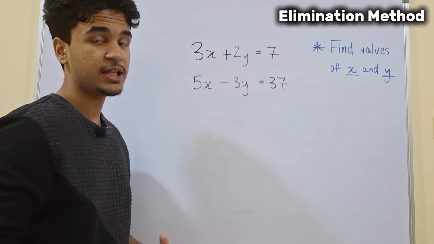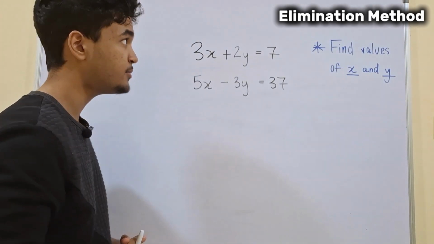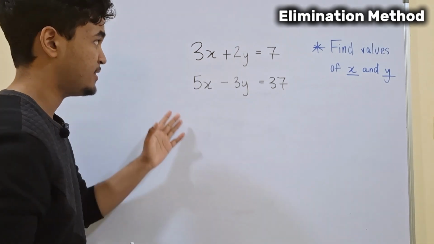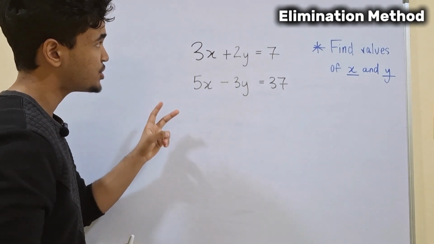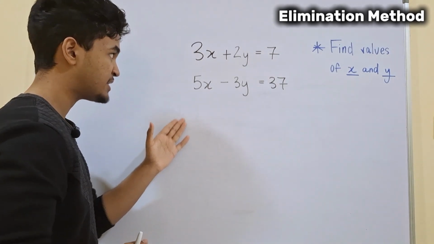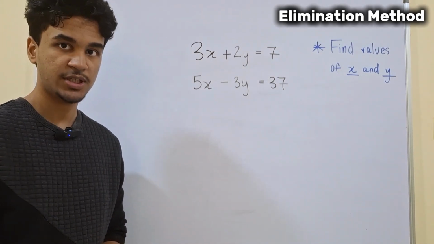Okay, let's use the elimination method in a second example. Once again, we want to find the values of x and y. In this question, we have two equations given as 3x plus 2y equals to 7 and 5x minus 3y is equals to 37.